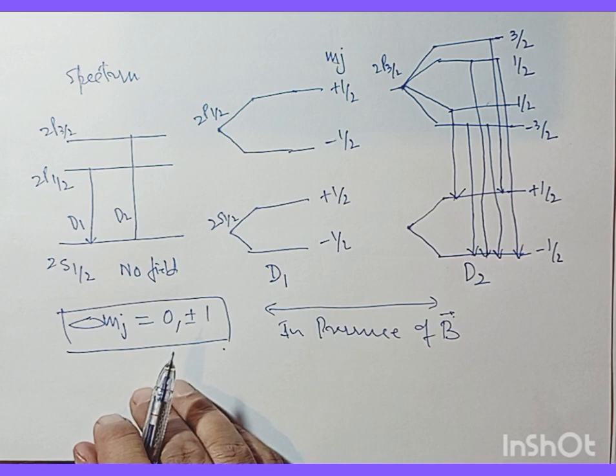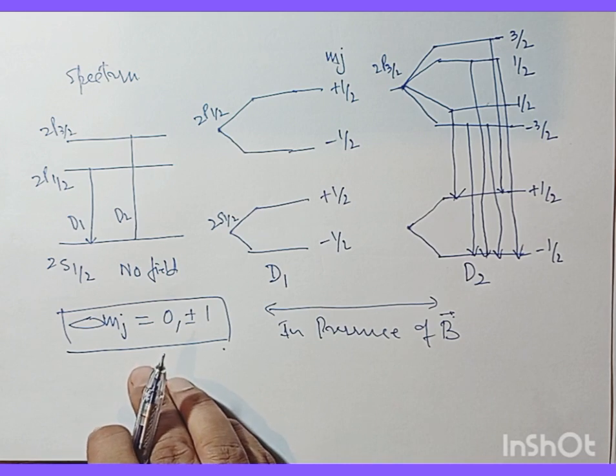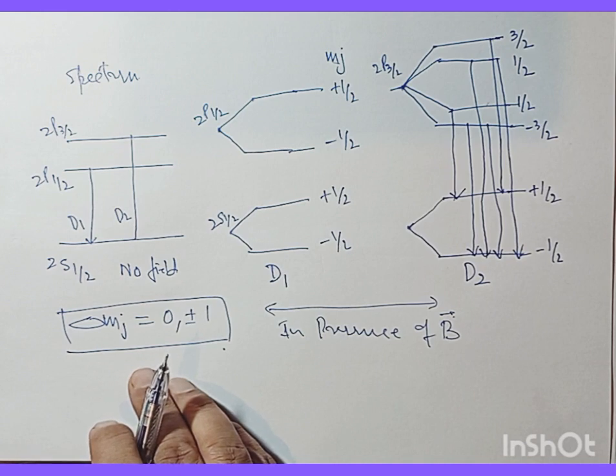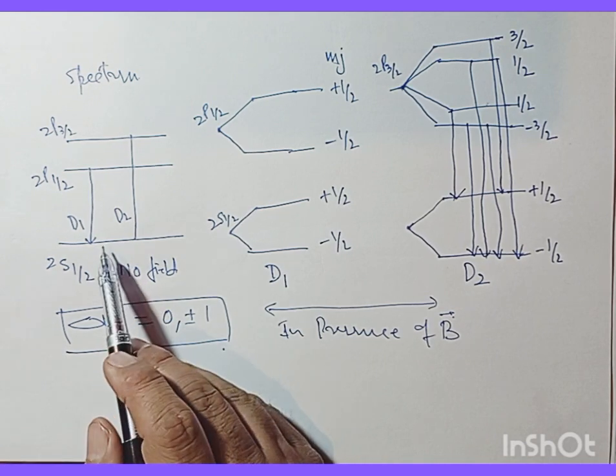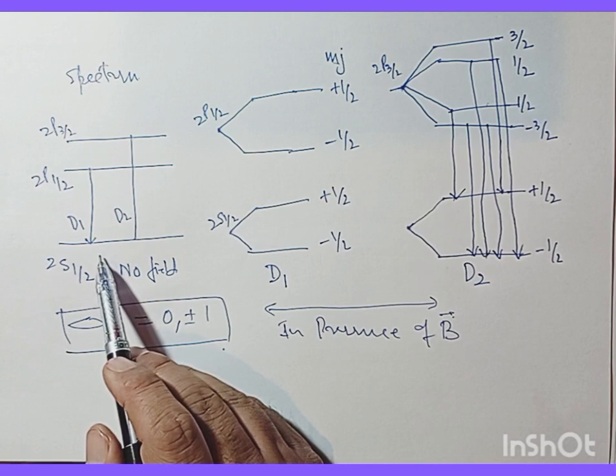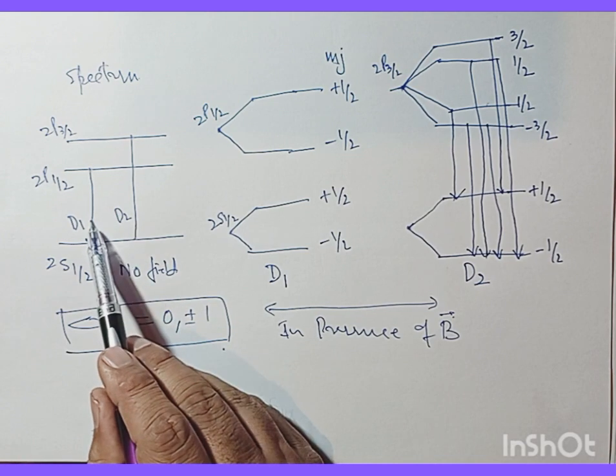Four transitions are allowed, so this D1 line gets split into four component lines.